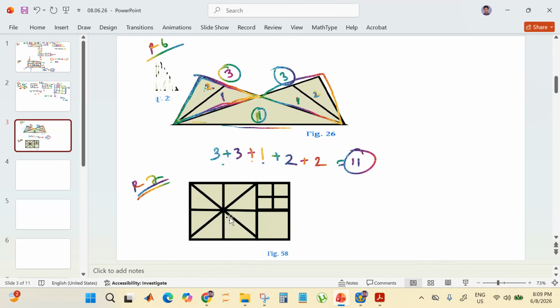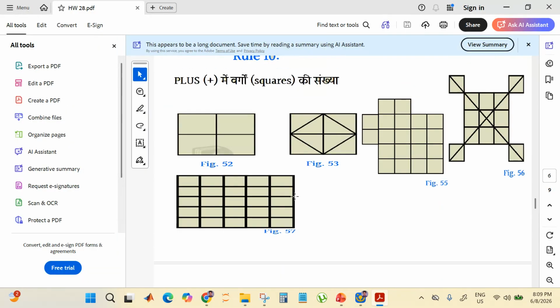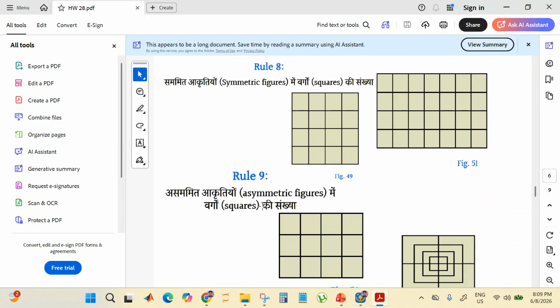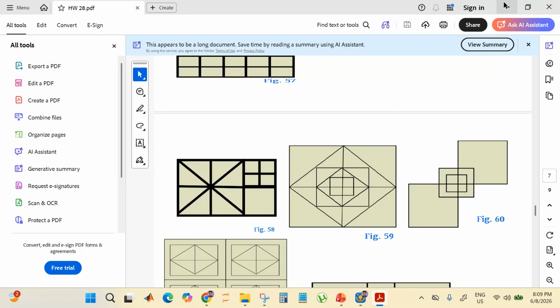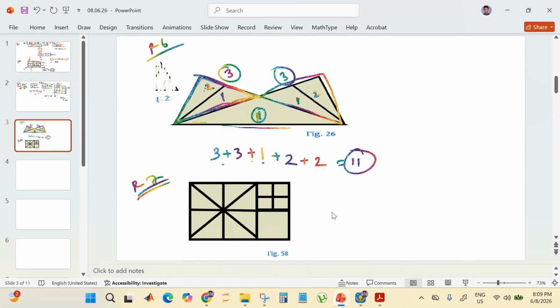Okay, so let's try it. Find the number of squares. I think it is on squares, right? Yes, it is on squares. Find the number of squares present in the figure. And problem number 6 was find the number of the triangles.